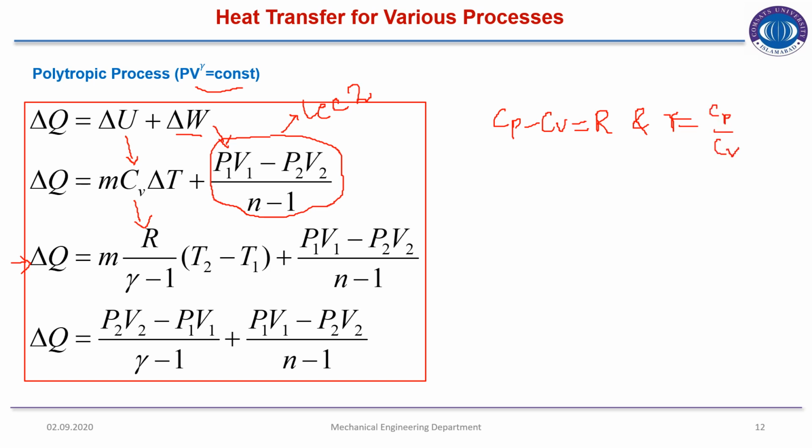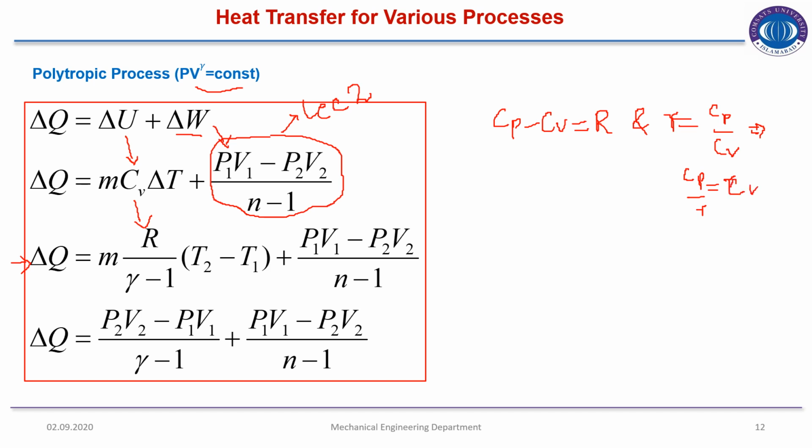When we combine them, from this expression, Cp is equal to gamma Cv. I will write it here. So Cp over gamma is equal to Cv.